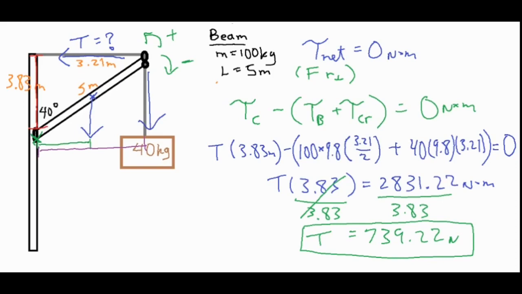All right, so for the torque of the cable, we have the force of tension, which is what we're looking for, the T. And then the perpendicular distance to the pivot point was 3.83, which we found a little bit earlier. And then we have the torque of the beam itself. That's going to be mg, so the 100 kilograms times 9.8. And then this purple distance that we said was 3.21 earlier, I cut that in half to find the center of the beam.